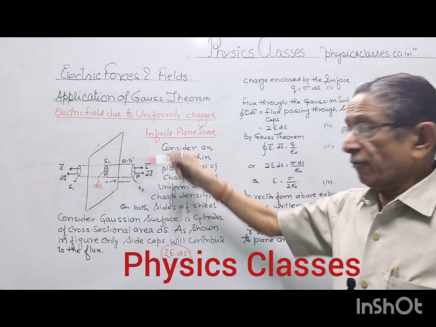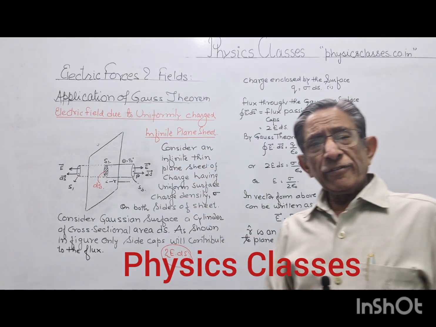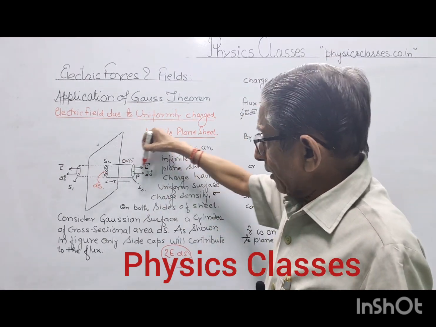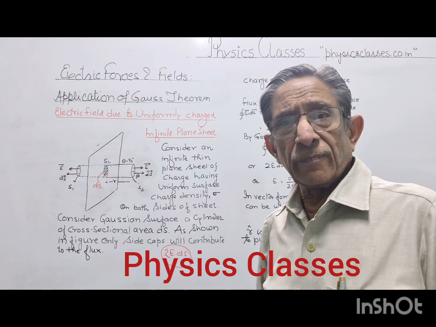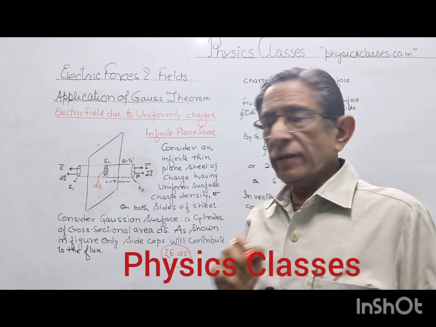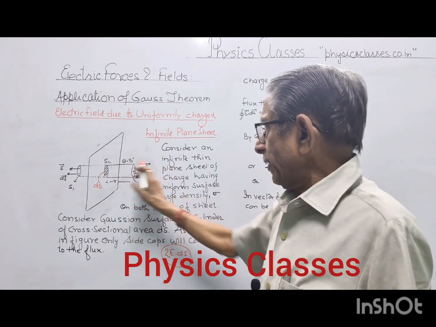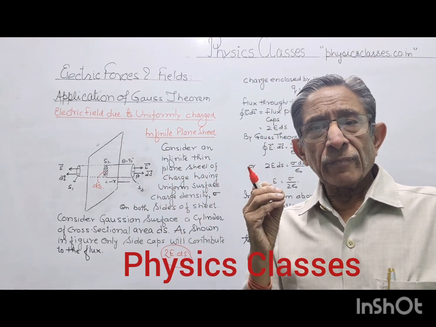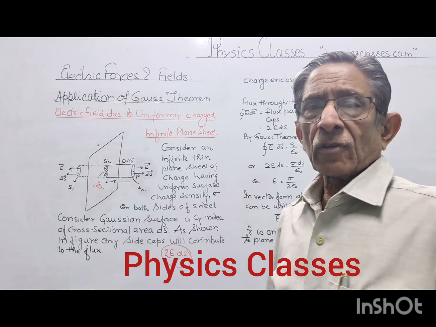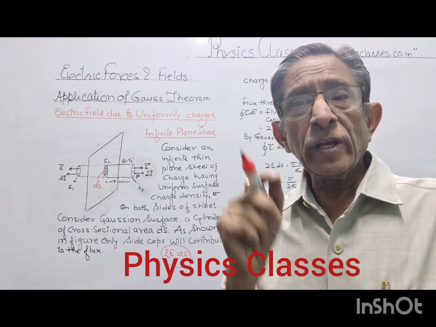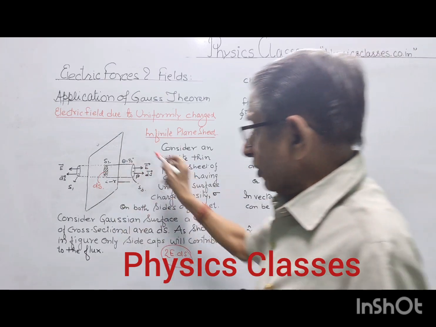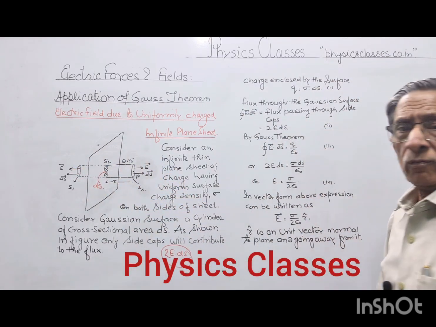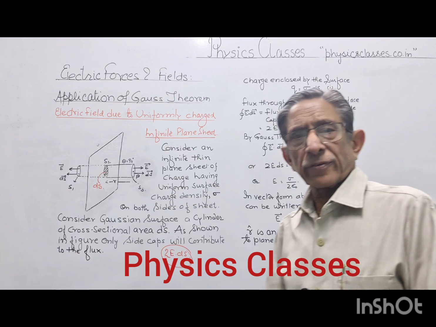If we talk about the curved surface, the area vector will be outward and the electric field is along the x-axis. The angle between electric field and area will be 90 degrees, or we can say the surface will not contribute to electric flux. So total electric flux passing through this Gaussian surface is equal to 2E into ds.